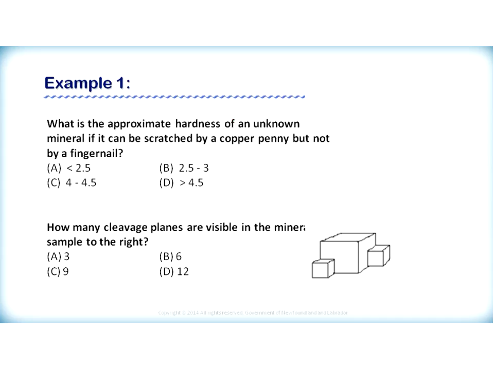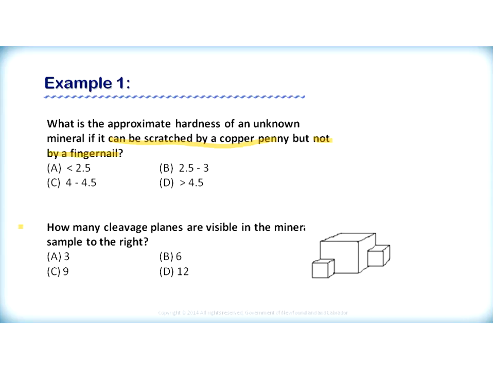Let's look at some common examples that were taken from past public exams. The first question reads: what is the approximate hardness of an unknown mineral if it can be scratched by a copper penny, but not by your fingernail? The main points in this question are that it can be scratched by a copper penny, but not by a fingernail.